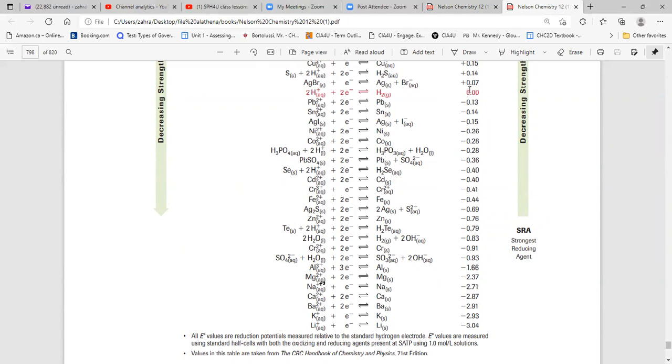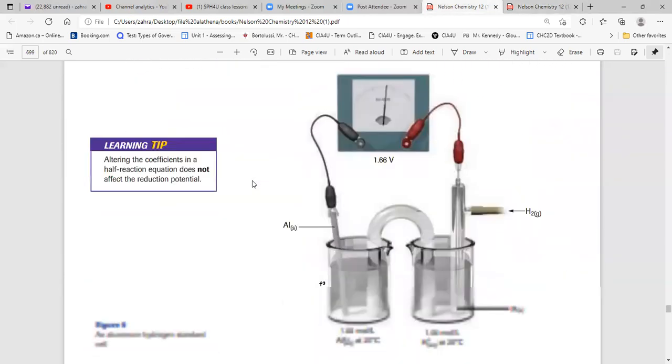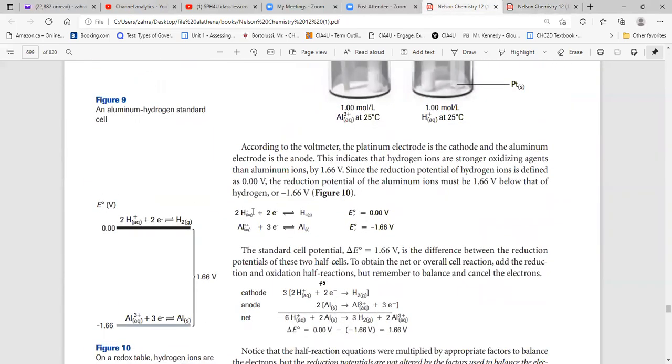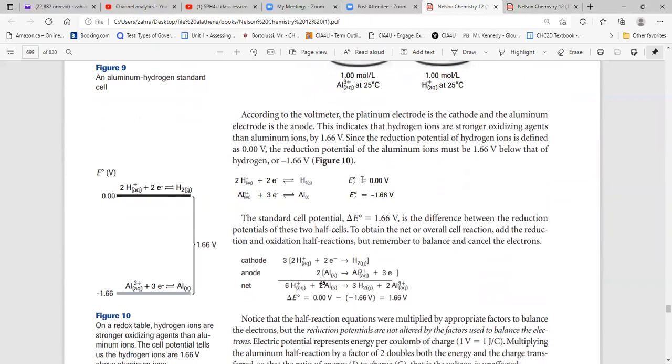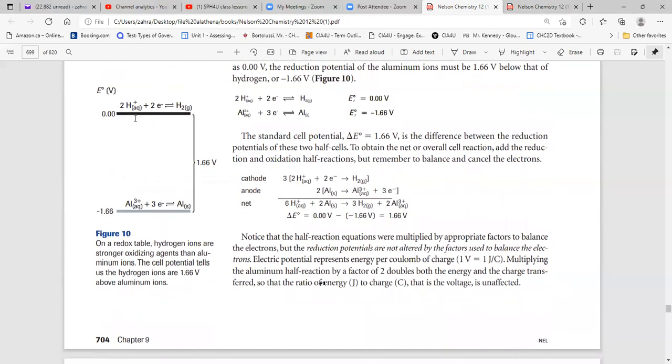So cathode minus anode, 0 minus negative 1.66 is 1.66, as you see in detail here. This is your cathode, it's 0, and here is your anode with negative 1.66. So 0 minus negative 1.66 is 1.66. And this is depicted on the table. We have hydrogen above the Al, and we have investigated that before.